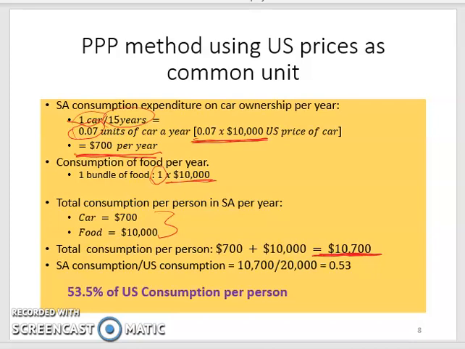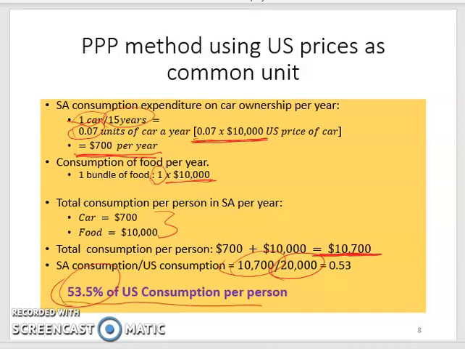So we take that consumption of a South African in dollars and divide it by that of an American. Our findings tell us that a South African consumes 53.5% of what an American consumes per year.